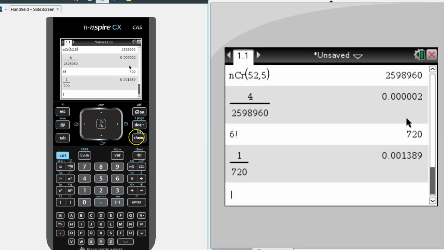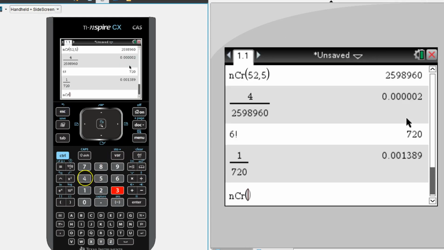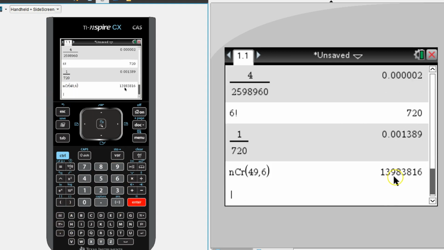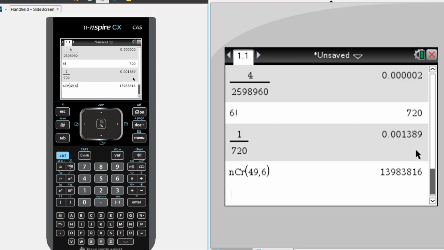I prefer to do combinations, 49, comma, 6. A lot of numbers, 13,983,816.